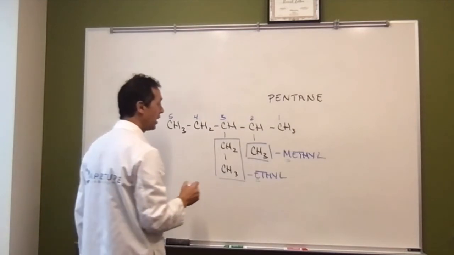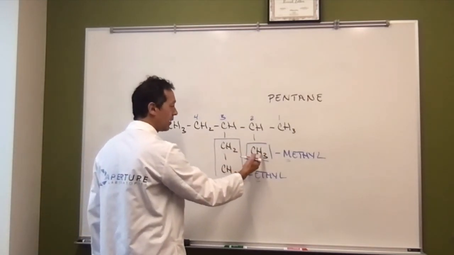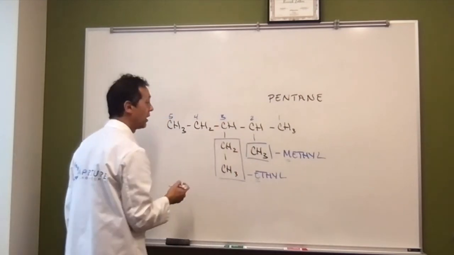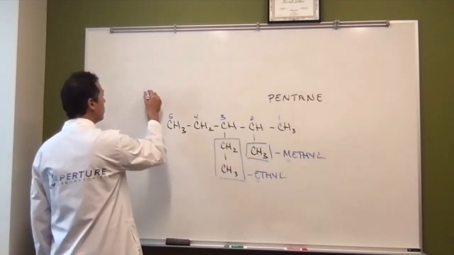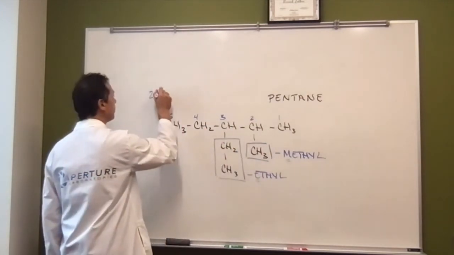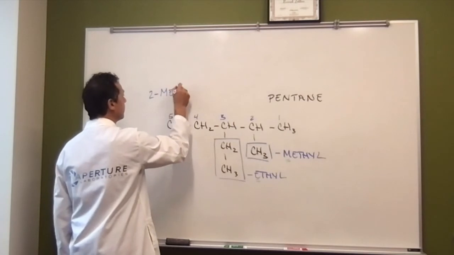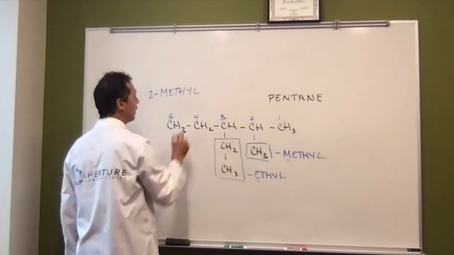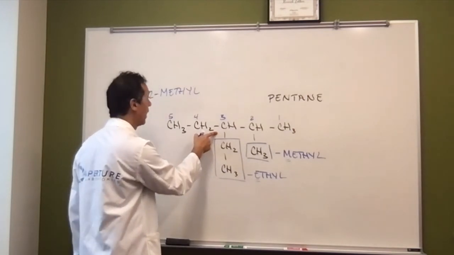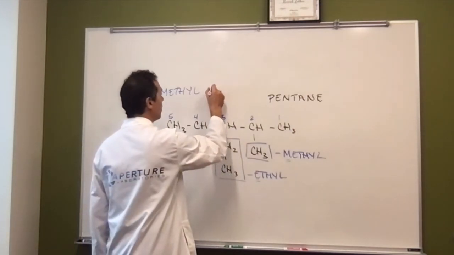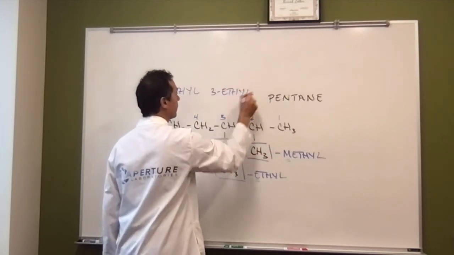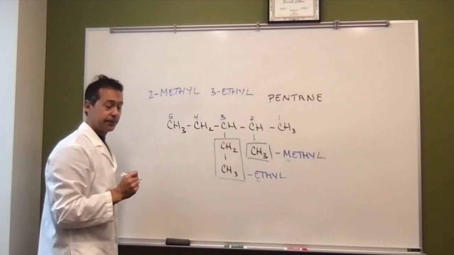Now we've got a substituent on the second carbon atom and a substituent on the third carbon atom. So we're going to say 2-methyl, and then we're going to have a substituent on the third carbon atom, so that becomes 3-ethyl pentane.